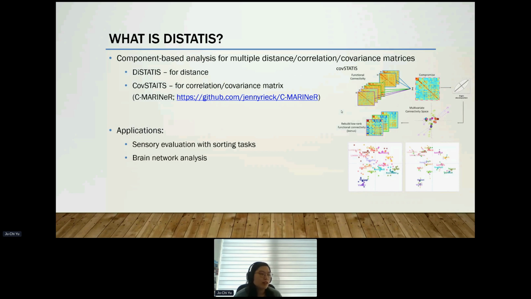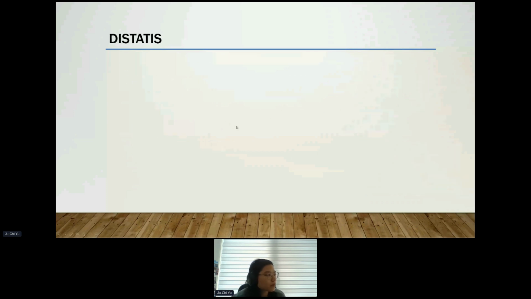And there are also recent applications to brain network analysis, because as you can see, connectivity, well, correlation or covariance is also a way of quantifying distances. So you're trying to evaluate how similar these different observations are.